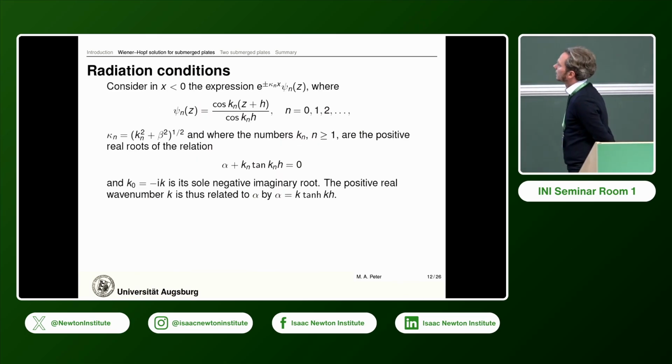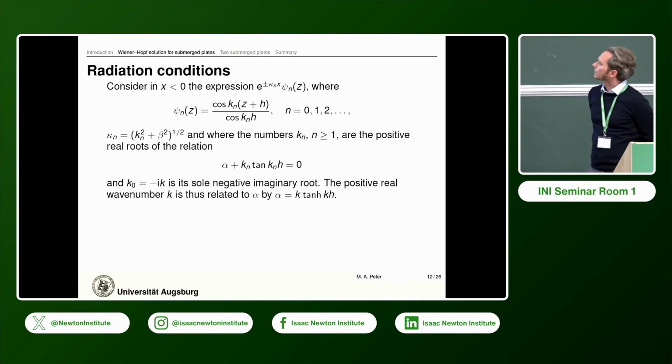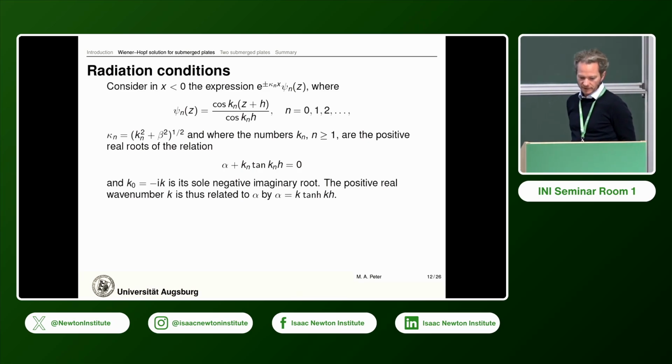Okay, so what I want to do now is basically the same way that Mike presented. I just look at the incident wave coming in from the left. I know what that looks like. I have my open water dispersion relation with the one negative imaginary root and the positive real roots for the evanescent waves.